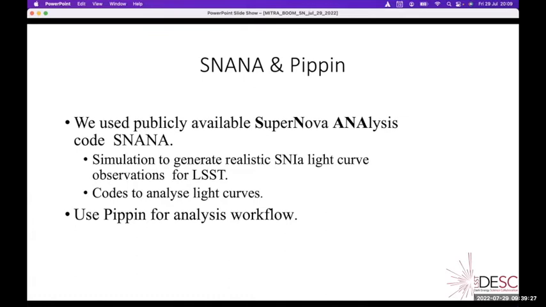It's a publicly available code, broadly used for simulations to generate realistic SN1A light curve observations for the LSST, and it also has codes to analyze these light curves. For this entire pipeline of activity, we used Pippin for the workflow.